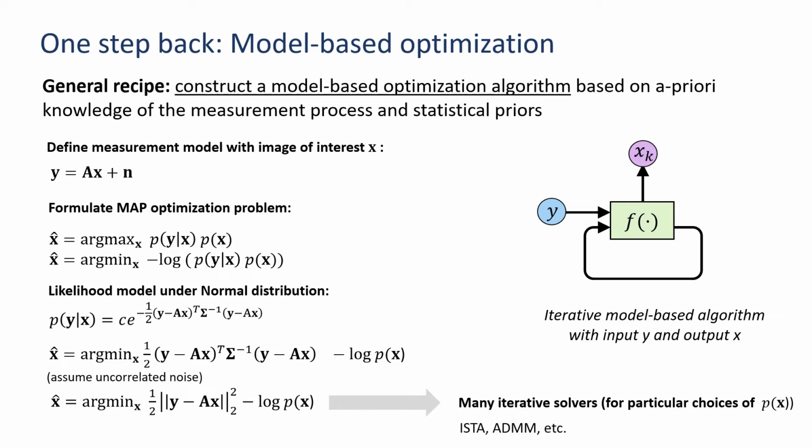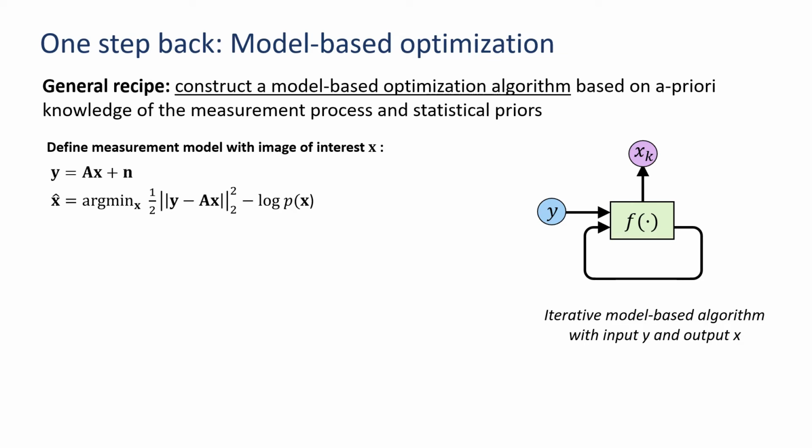Think of ISTA, ADMM, etc. And these iterative schemes look like the image we have over here, where we have an input y and the output after every iteration x_k. And this block f is doing the same over and over again. It's just that its input changes because it becomes the output of the previous iteration. So that is an iterative model-based algorithm with input y and output x.